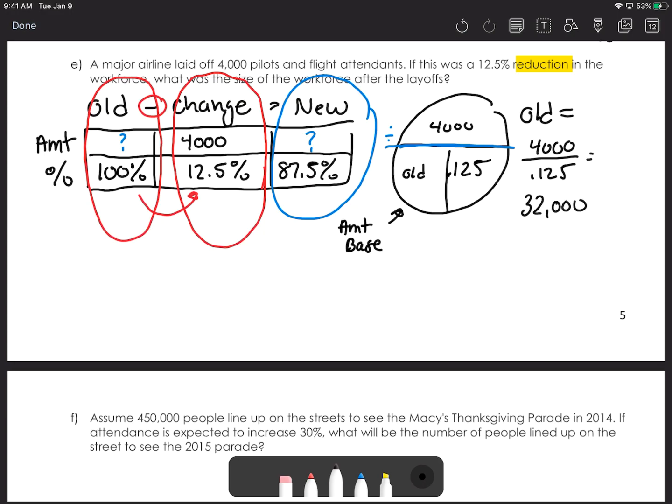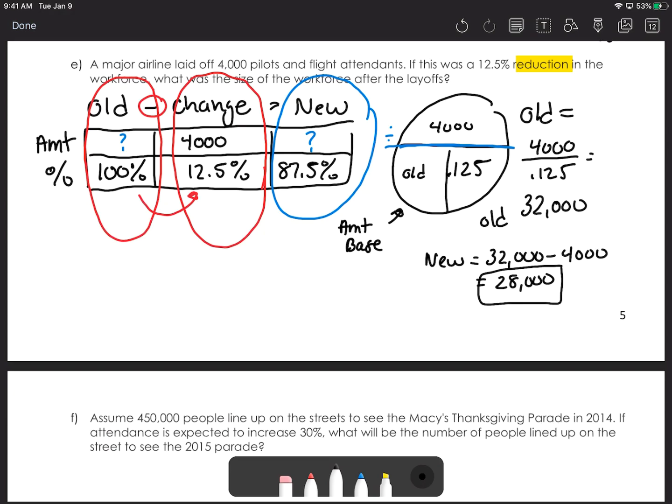So 32,000 is the old value. So the new value is going to be 32,000 minus the 4,000 that was laid off, which would give me 28,000 people.